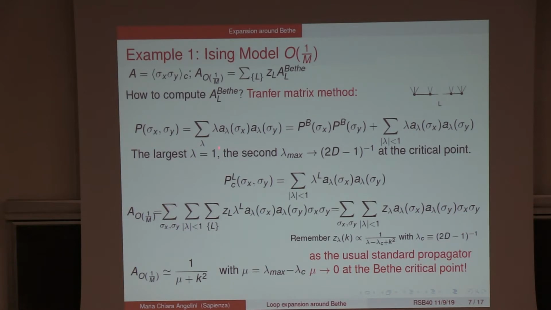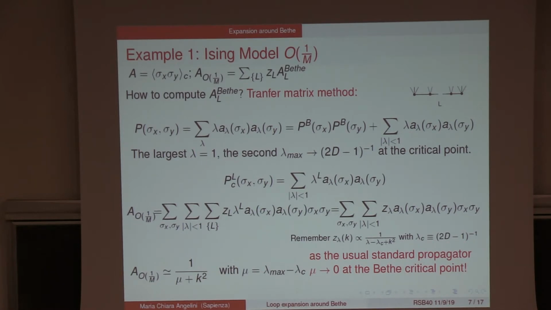Okay, so let's put this form into the order 1 over m correction to the connected correlation function. I should sum over L, I should sum over lambda, and then I should sum over sigma x and sigma y. Here you can recognize the sum over L of Z, L, lambda to the L. This is exactly the generating function for the number of non-backtracking paths, which we indicated with Z of lambda. And you remember that Z of lambda goes in this way with lambda_C, (2d minus 1).